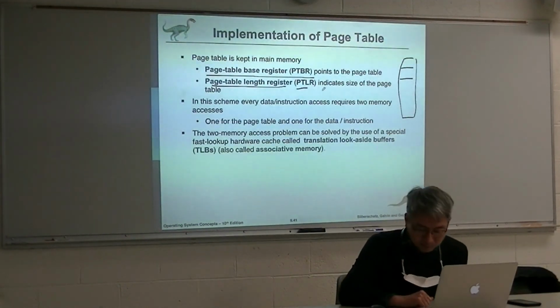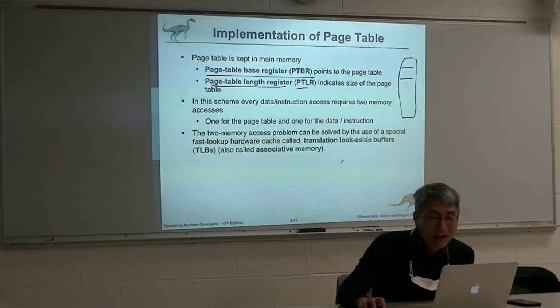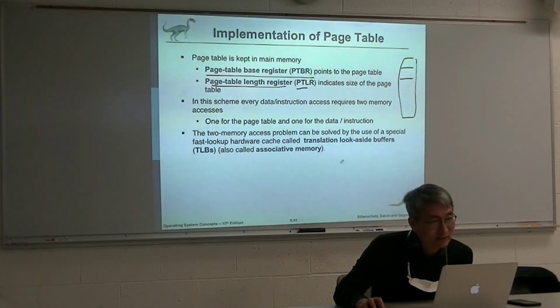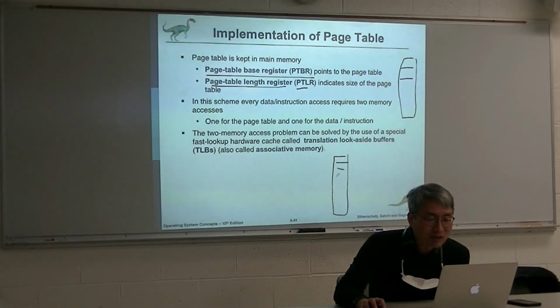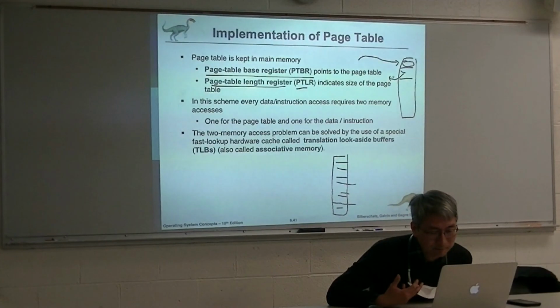Then one more thing. If you have 16 gigabytes of memory size, how many page frames, divided by 512? It's really huge. So your page table will be really large. It's really big. Okay. So whenever you access the memory, you need to go here and read the data, calculate the page frame, which takes a long time, right?